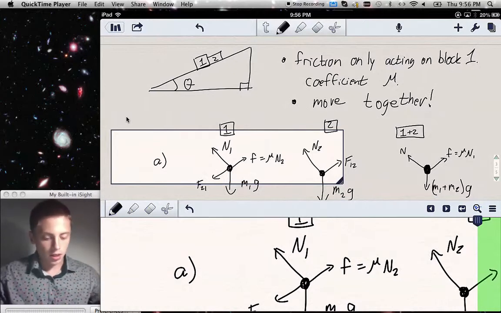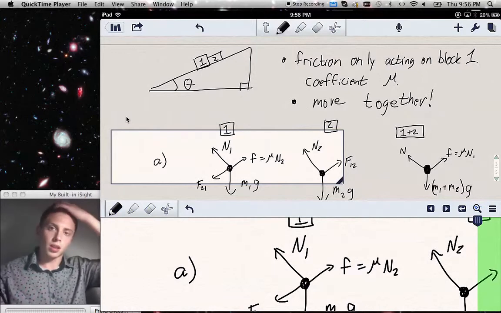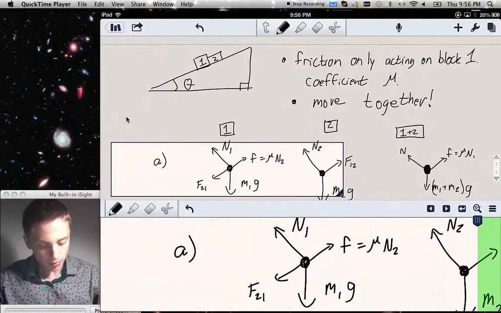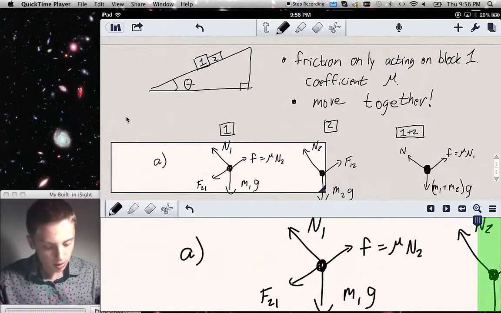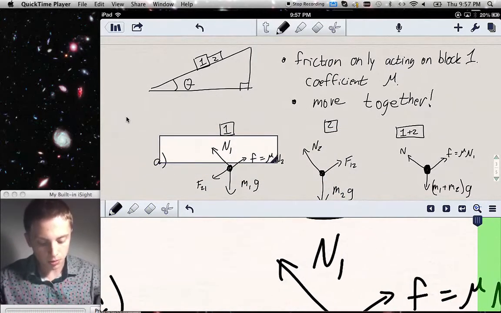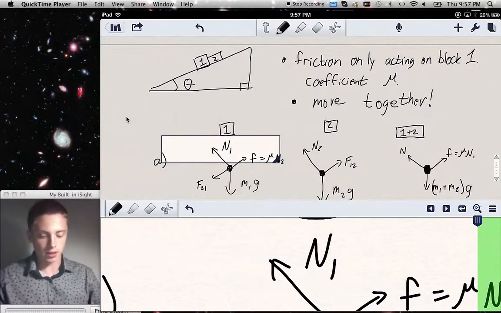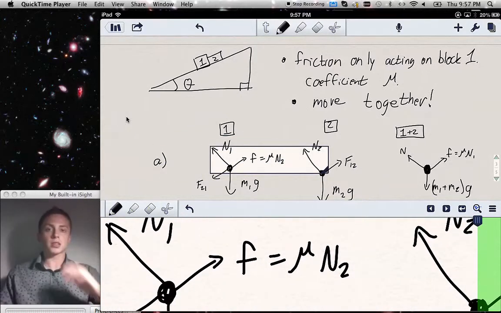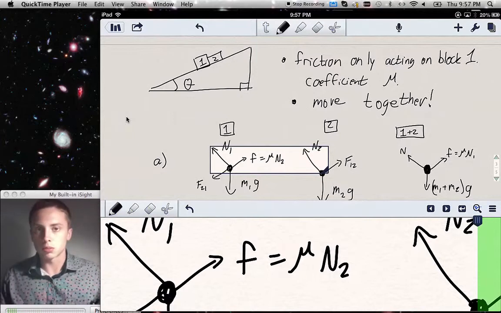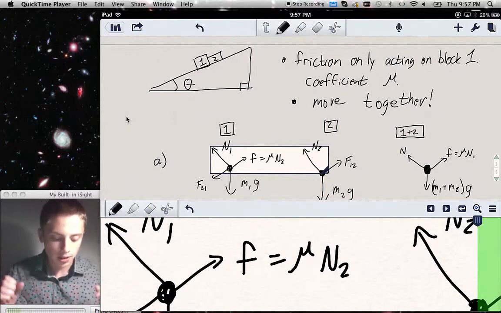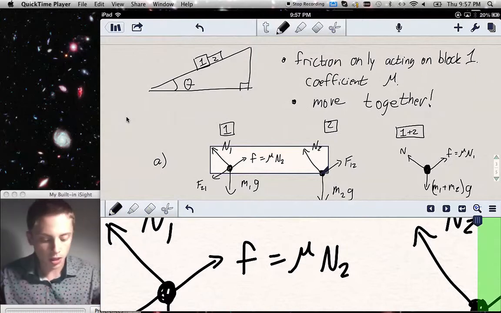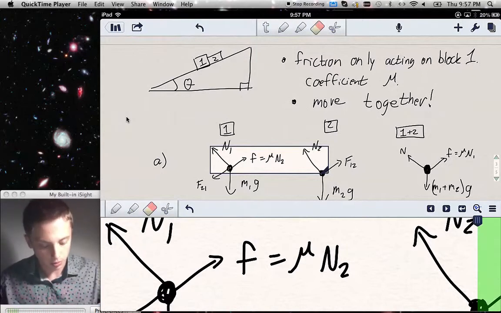However, there is only friction between the ramp and the block and not between the two blocks. From the ramp, we have two components of the force of contact. We have the component perpendicular to the ramp, N1, and the component parallel to the ramp, slowing down the relative motion between block 1 and the ramp. This is the kinetic friction force, which takes on a constant value of mu N1, not mu N2.